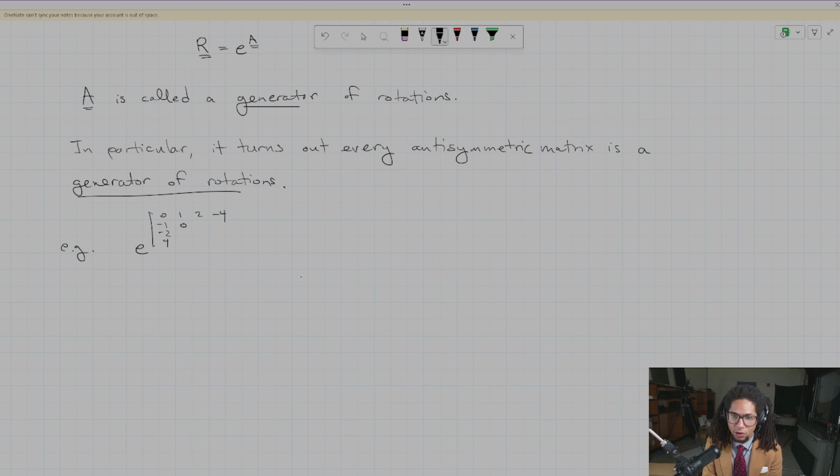Now I need zeros, I know, on the diagonal. Then maybe this could be an 8 and a minus 8. This could be a 3 and a minus 3. And this can be a 5 and a minus 5, is a rotation matrix in 4D.